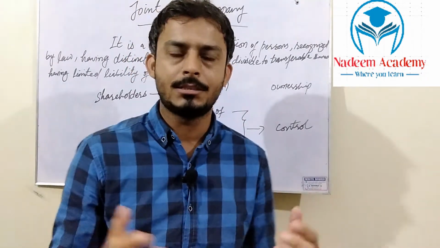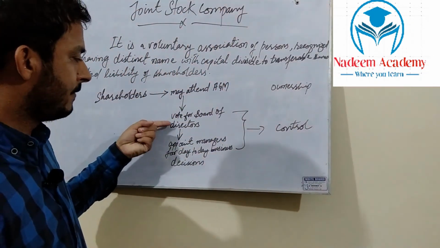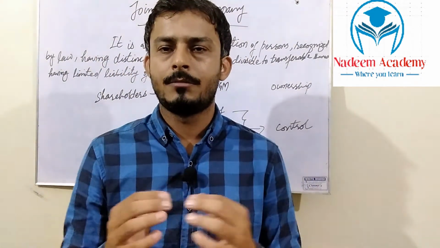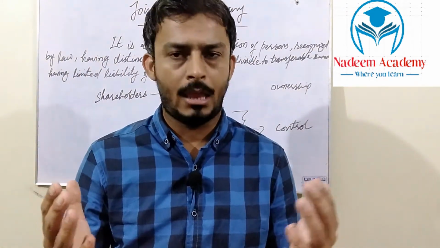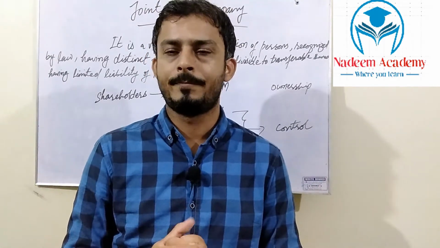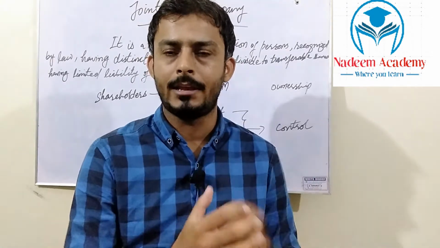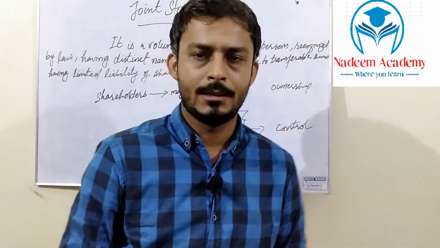Shareholders can just vote for the board of directors. It means they can elect the board of directors by having their right to vote, and that right can be used in the annual general meeting.